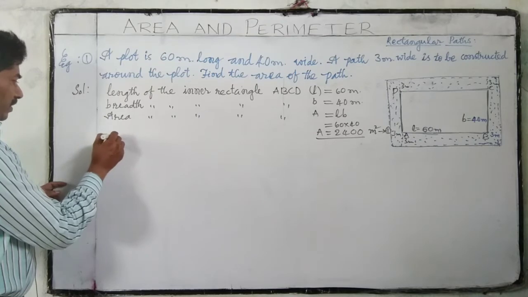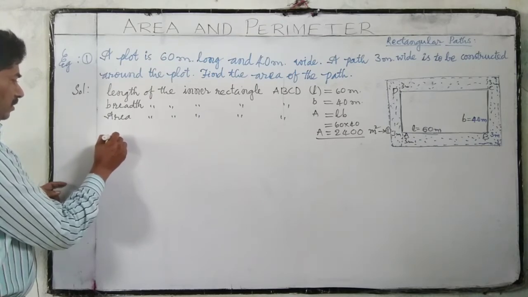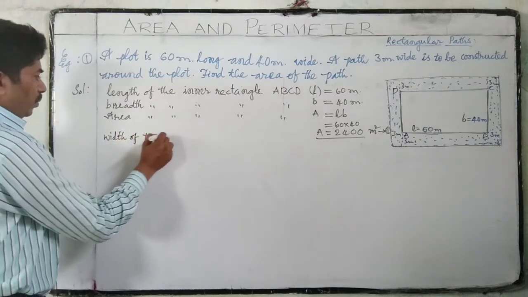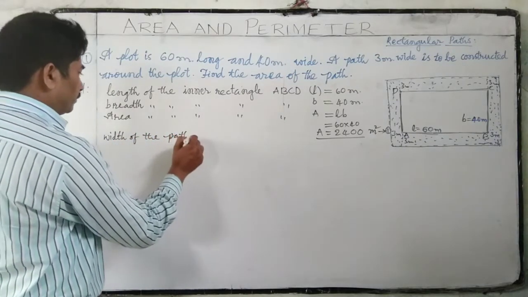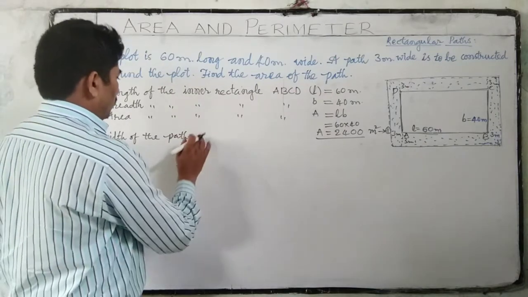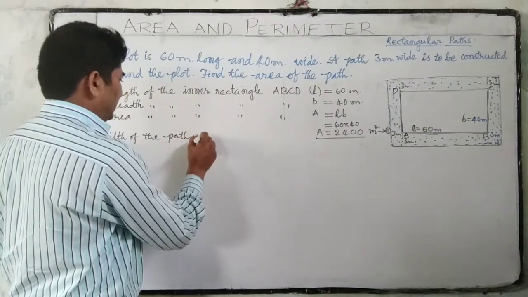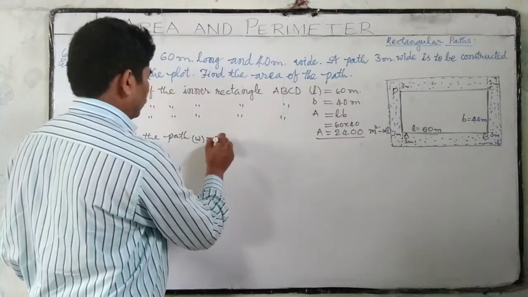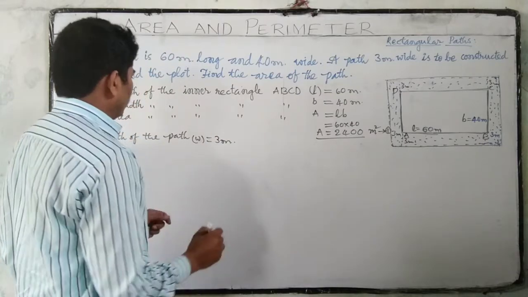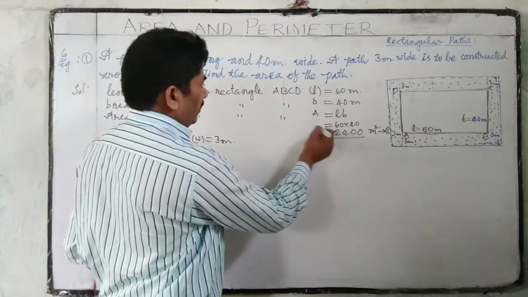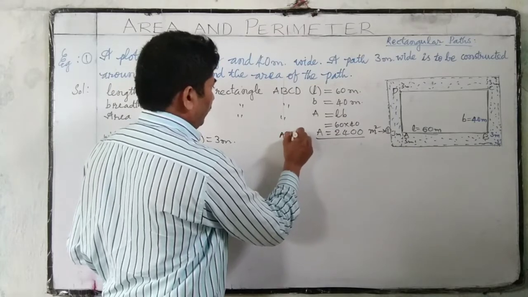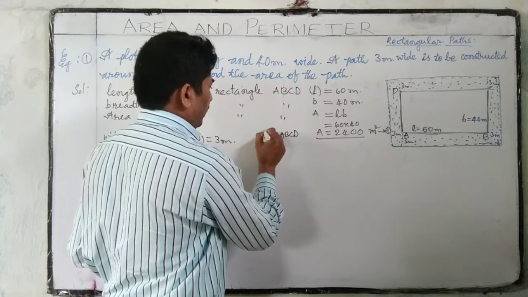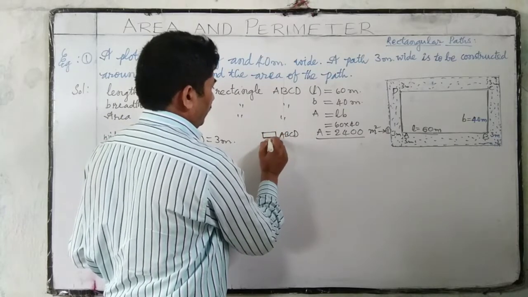Next, width is also given. Width of the path, W is equal to 3 meters. This is the area of the inner rectangle ABCD.